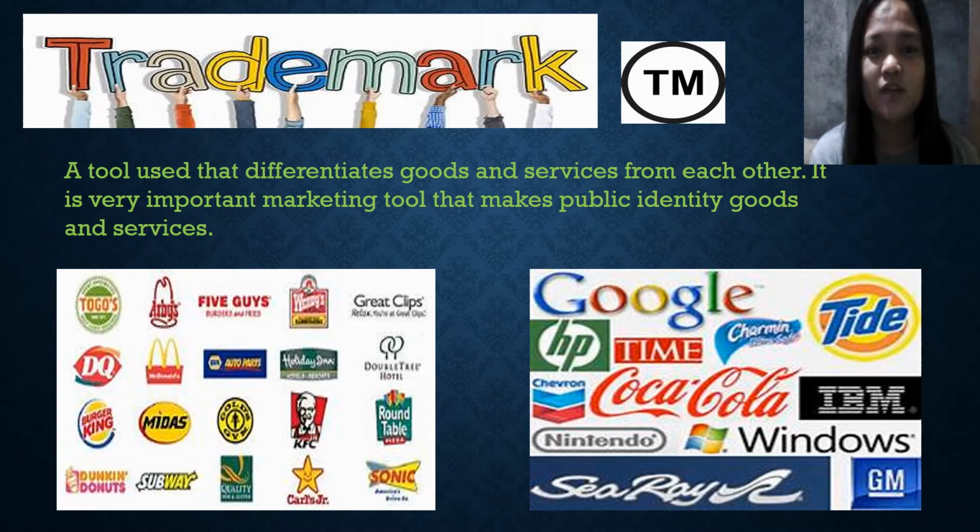It can be names of products or services, logos, slogans, packaging, and even sounds and smells. In essence, a trademark can be almost anything that is used to identify a particular product or service.